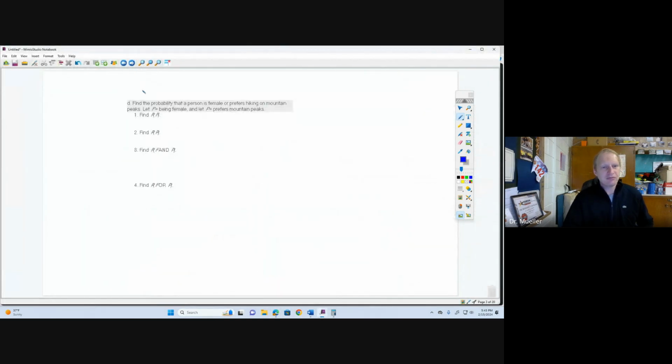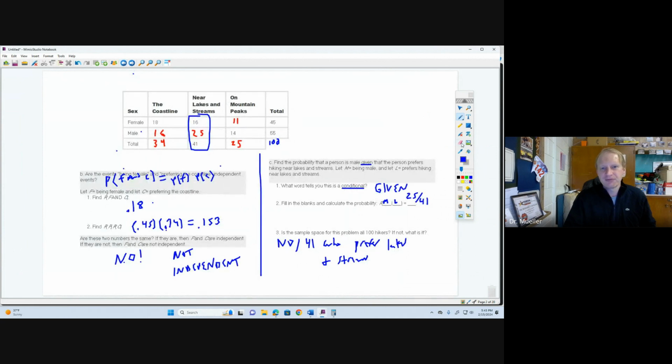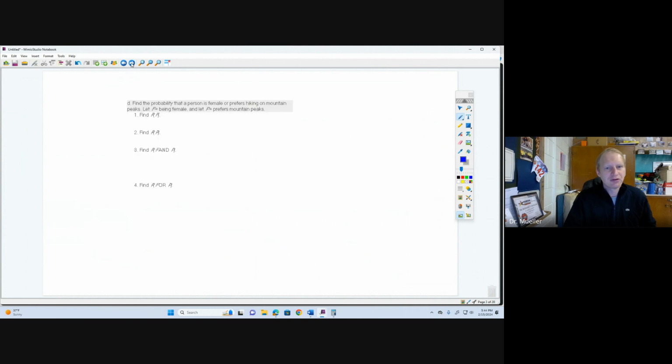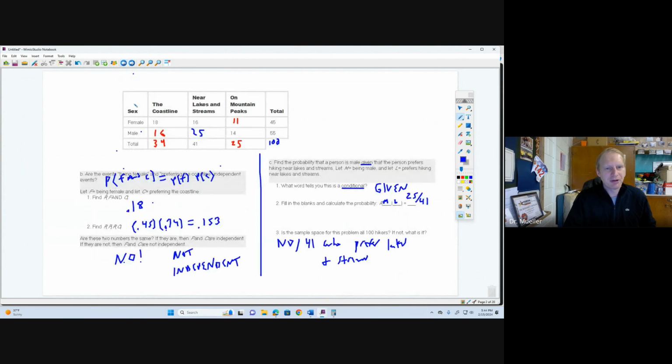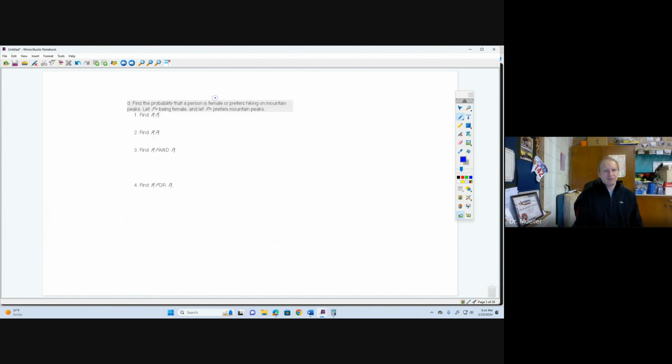All right, let's take a look at this problem. This is going back to it. Find the probability the person is female or prefers hiking on mountain peaks. So we're going to do this one using these steps here. First, find the probability the person is female. That's 45 out of 100 or 0.45.